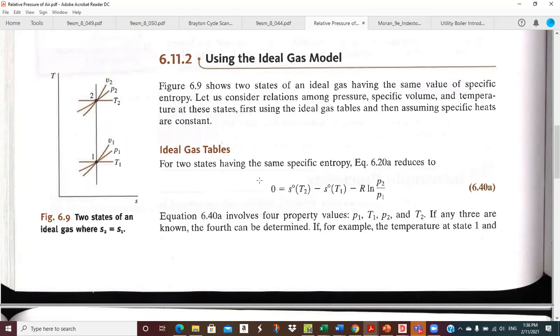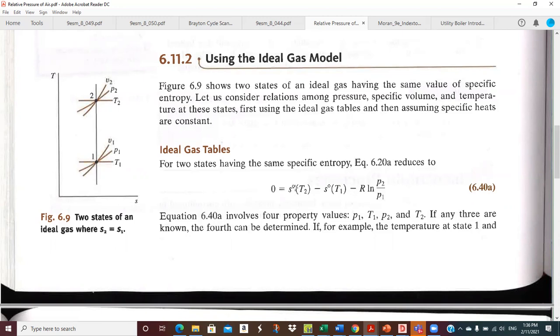Because this section is talking about isentropic processes, the entropy change is 0, because that's what we mean by an isentropic process. You see on the TS diagram, we go from 1 to 2 straight up because entropy is not going to change. So this is an equation we can apply to the process going from 1 to 2 isentropically.